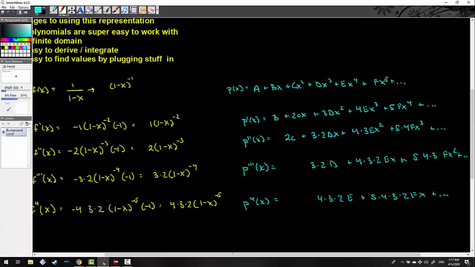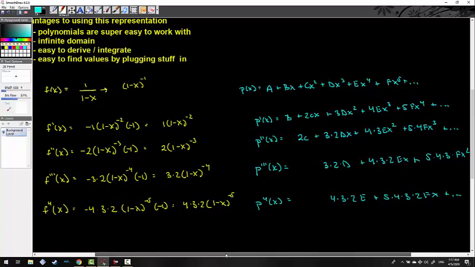Okay, let's talk about why I did not decide to multiply everything out. From here, if I change everything to red, it's easiest if I look at the fourth derivative first. If you look at 4 times 3 times 2, it's technically 4 times 3 times 2 times 1. In other words, I could rewrite it as 4 factorial times 1 minus x to the negative fifth.